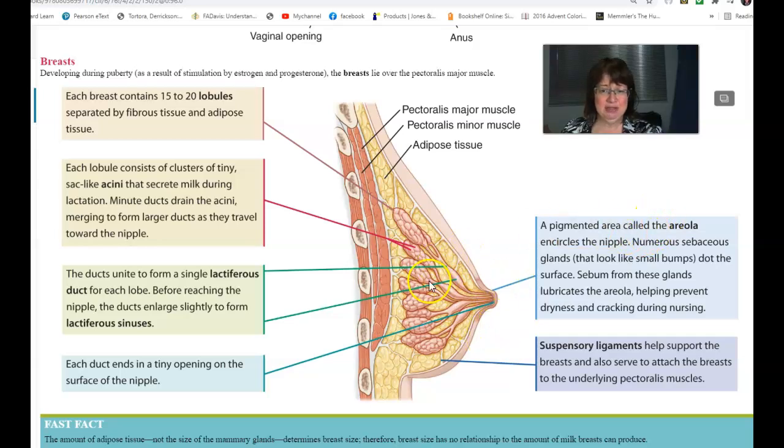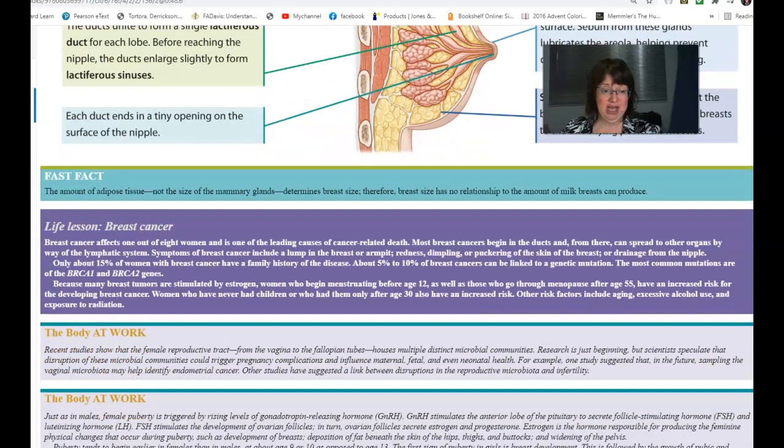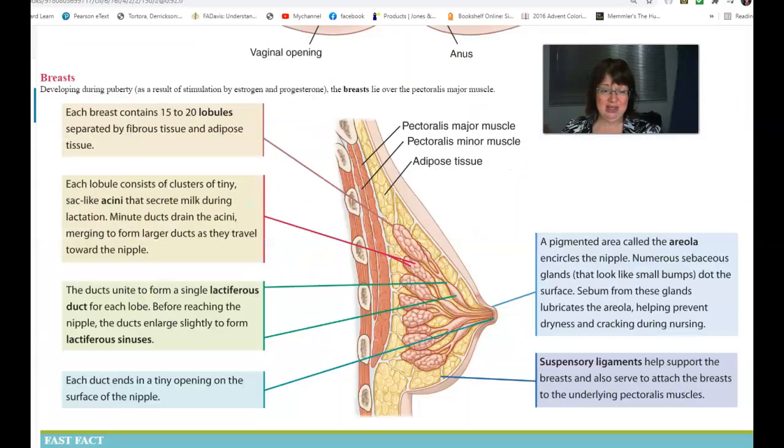It circles the nipples, and then there's just fat in here and muscles. And it is the breasts that are stimulated by prolactin and oxytocin to produce milk.